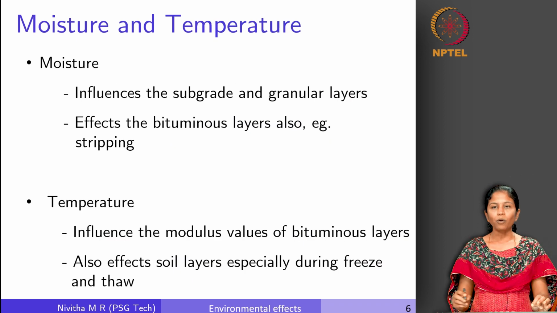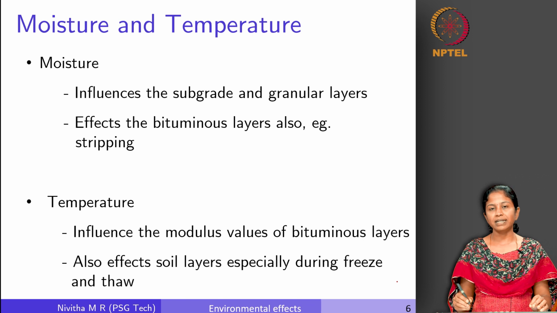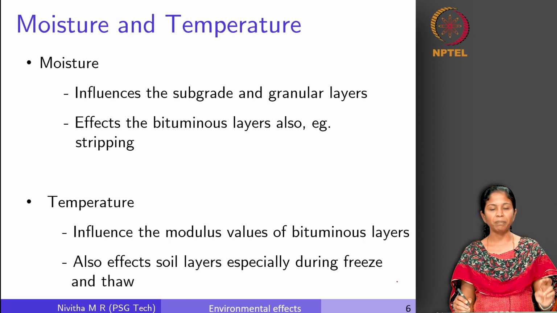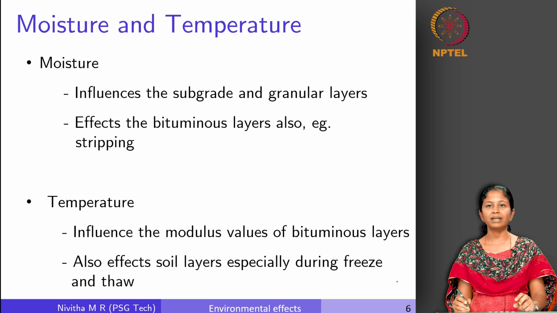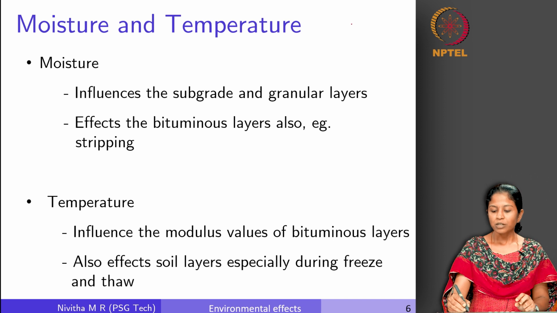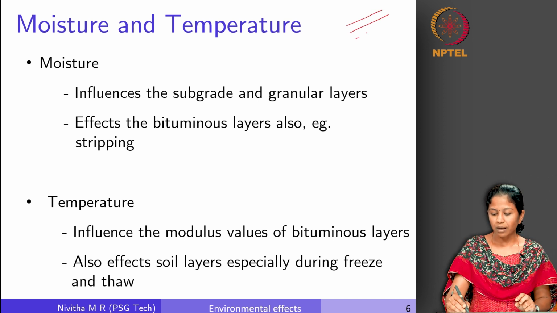Now, among these things we are going to focus on two parameters, which are moisture and temperature, right. But is moisture going to affect all the layers in a pavement uniformly? So, we said that we have different layers in a pavement.